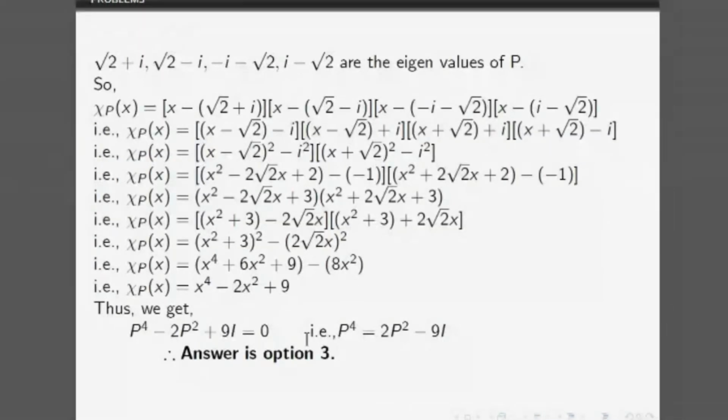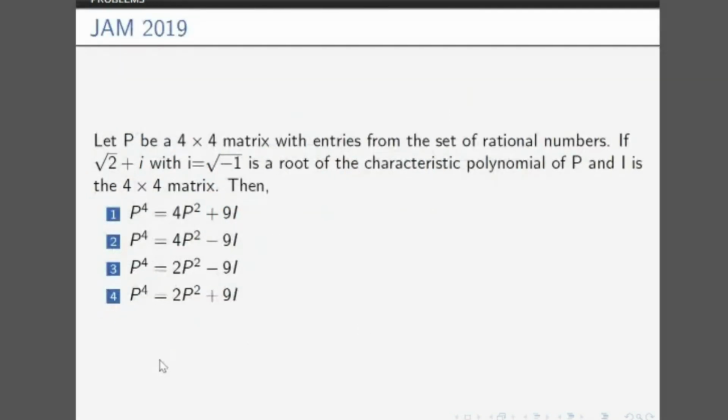Any other doubts? What was the use of the entries being given as rational numbers there? Sorry? What was the use of the entries being given as rationals in the question? I'm sorry, I'm not understanding what your doubt is. In the question, it is given that the entries of the matrix are from rational numbers.